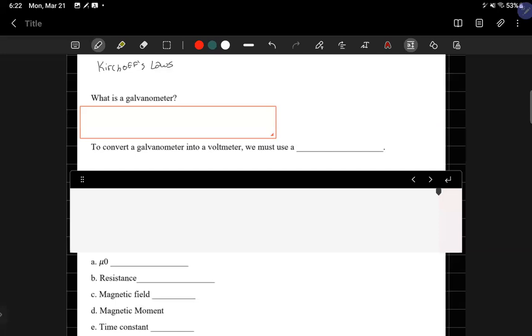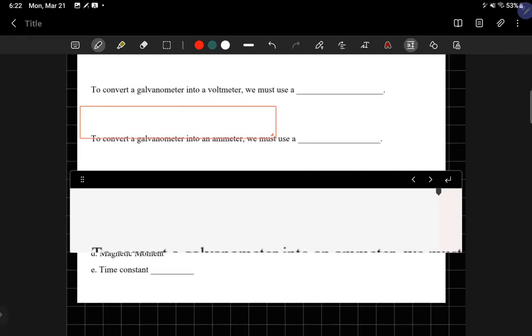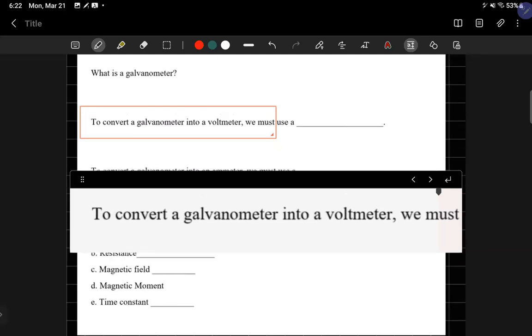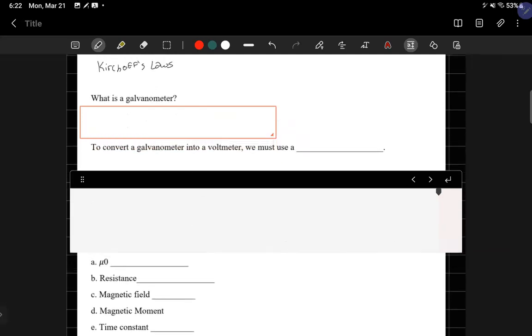I remember that was one method, because you can turn a galvanometer into a voltmeter and an ammeter. And I remember one of them, I think voltmeter, you would attach a large resistance to it. But let me double check it just to be sure. Yeah.